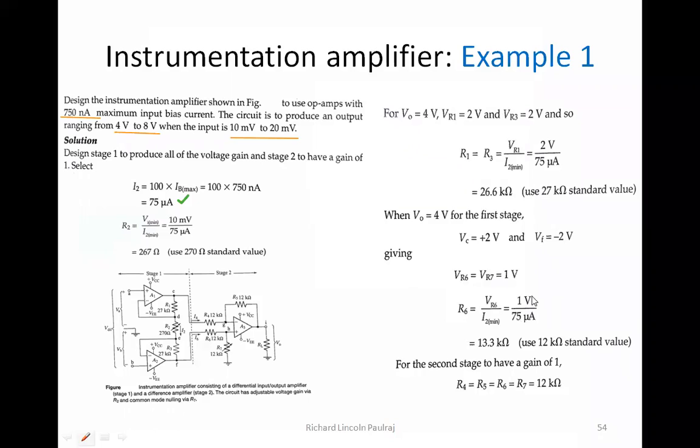You can work it out. So simple division. Sir, I'm getting 133, right? That is because the minimum voltage is taken. So if we take 20, try with 20, you should get 267.